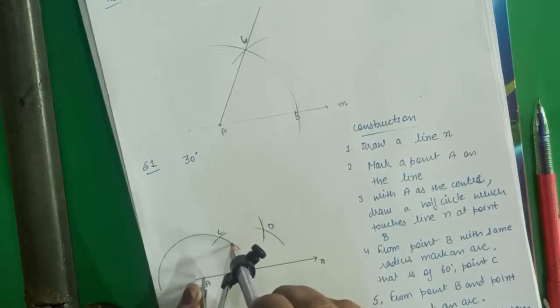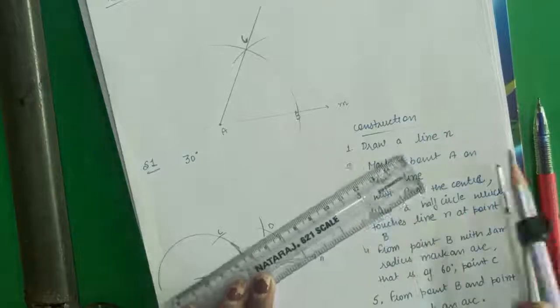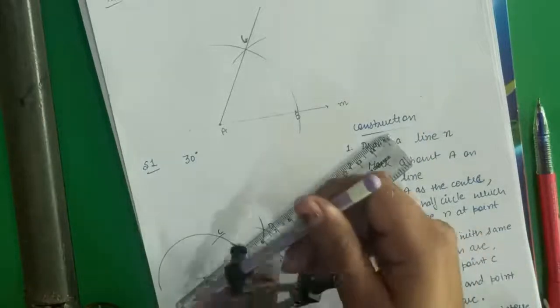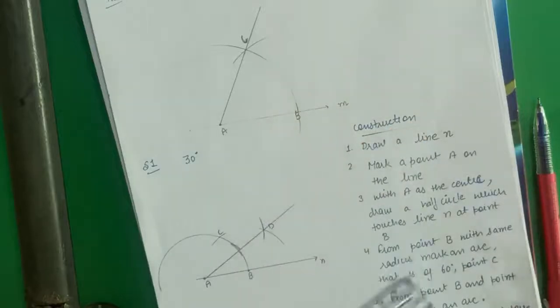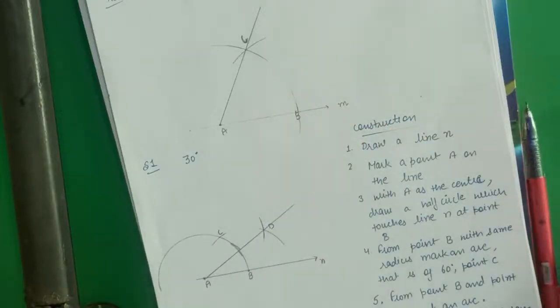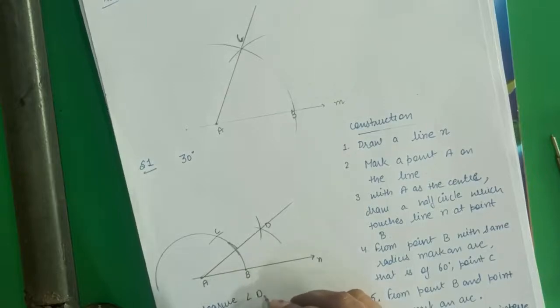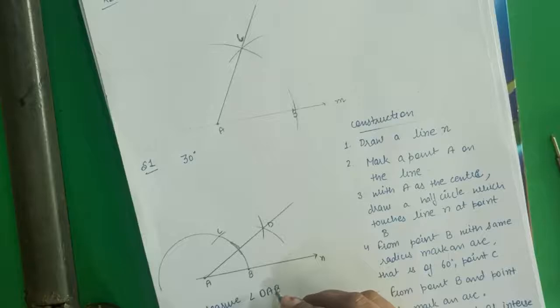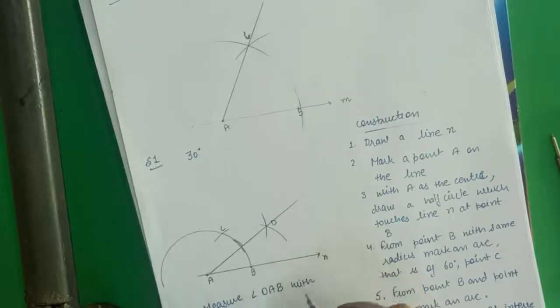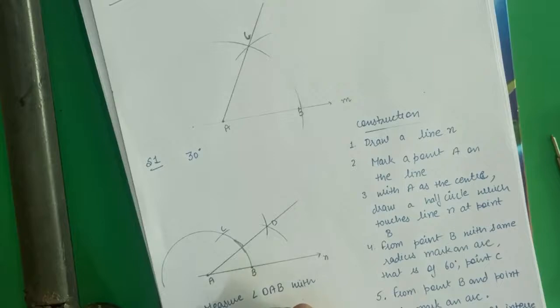Now we have to join this point to this, A to D. The eighth point, which is very main in this, is to measure angle DAB with a protractor, and it is of 30 degree.